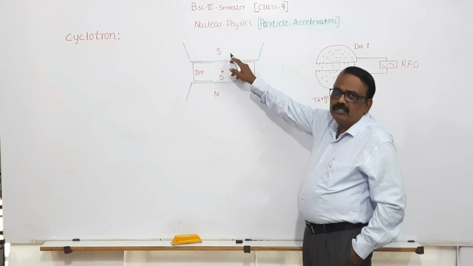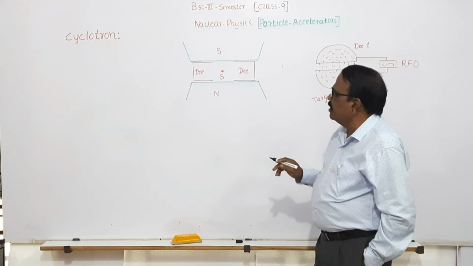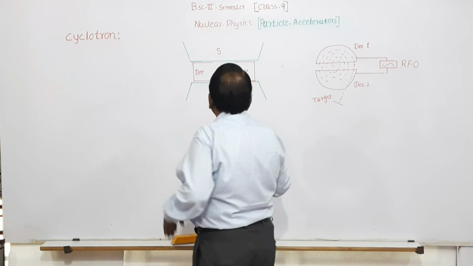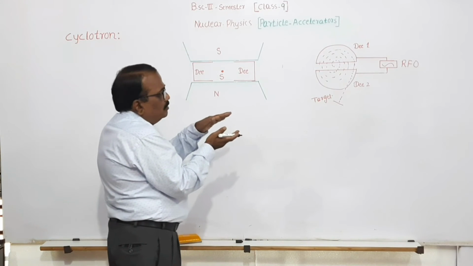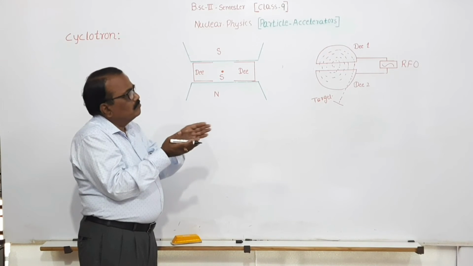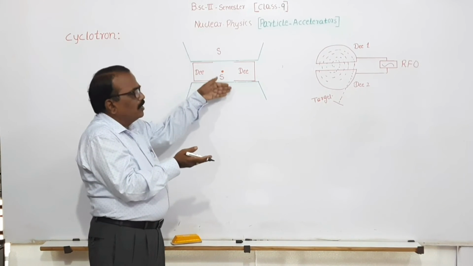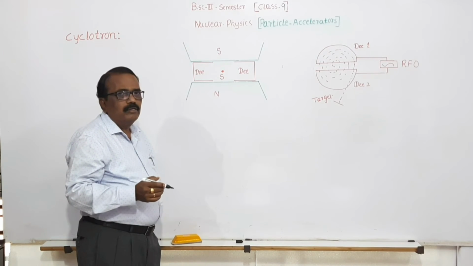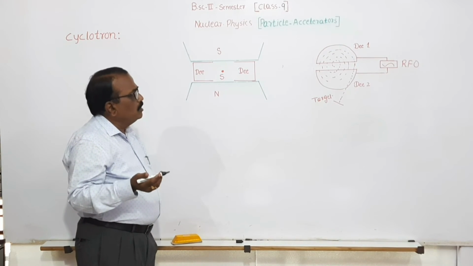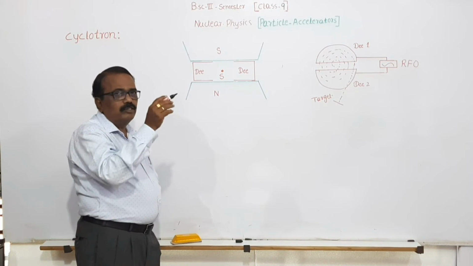One is the south pole of the magnet, another is the north pole. The plane of the Ds, which are flat and semicircular, should be perpendicular to the direction of the magnetic field. The main intention is to make the ion go along the circular path.